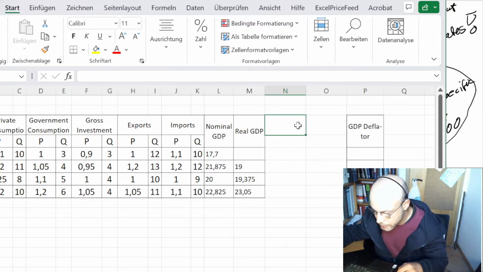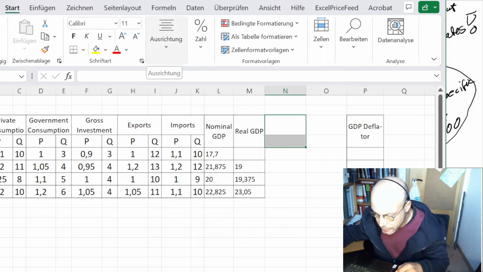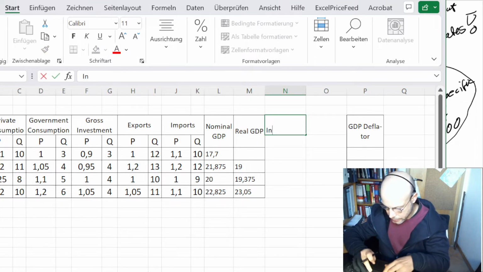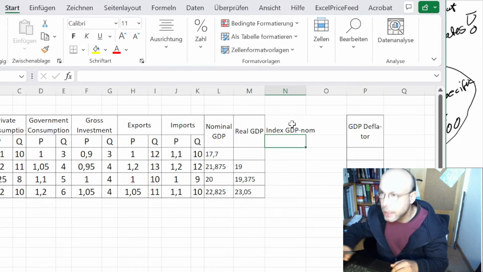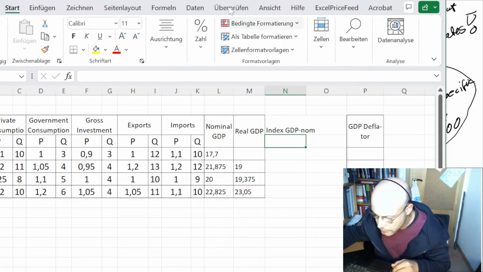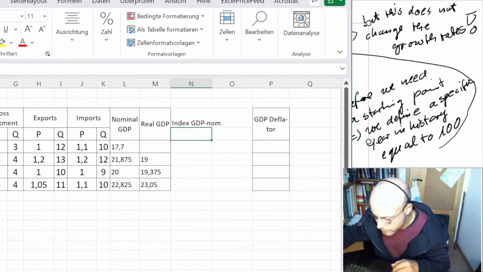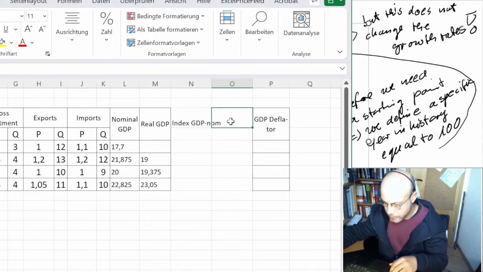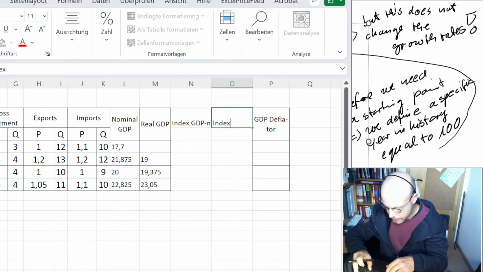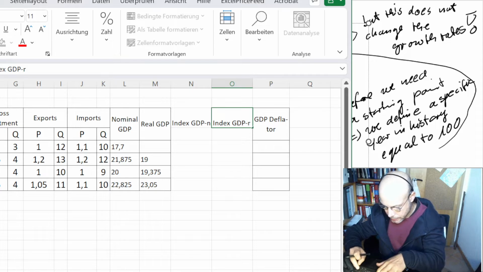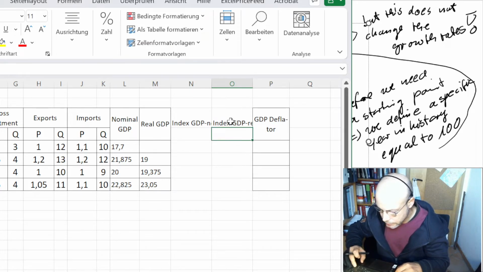Then we need the index GDP num, a bit more to the side, and we need the index GDP real.